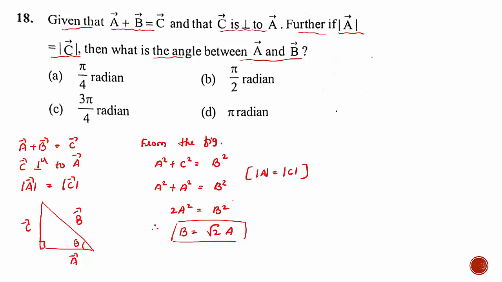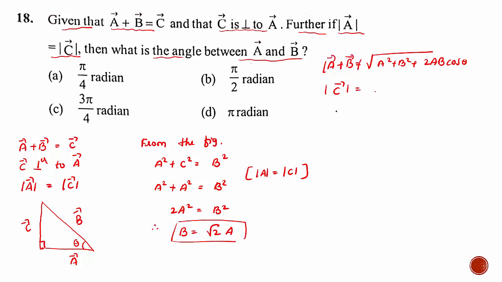Now we can use resultant of two vectors. We know that here I can write A plus B equal to square root of A square plus B square plus 2AB cos theta. But here A plus B is equal to what? Mod of C, or we can take it as vector C here.